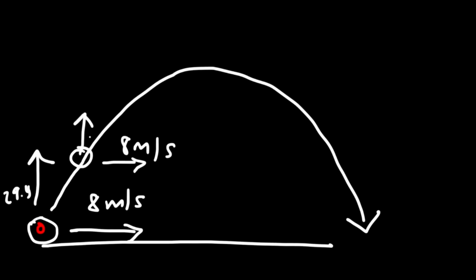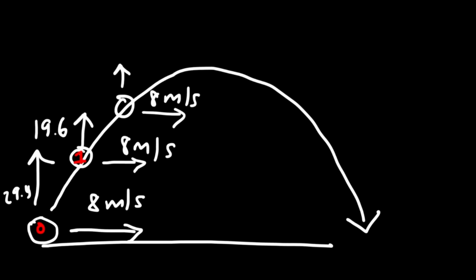Vy is going to decrease by 9.8 meters per second every second. Gravitational acceleration affects Vy, but not Vx. So this is going to be 19.6 1 second later. Now, 2 seconds later, Vx will still be the same, and that's 8 meters per second.